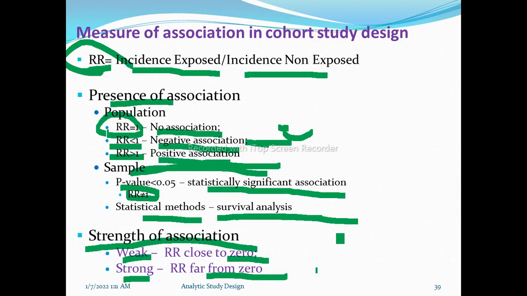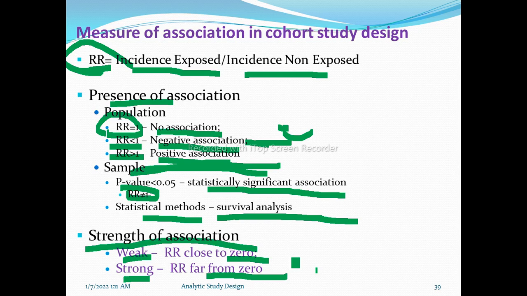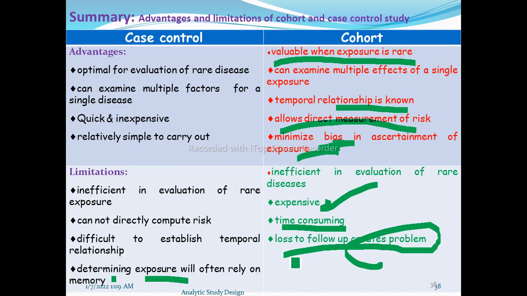Greater than 3, it will also be strong. If it is close to 1, we will say it is a weak association.